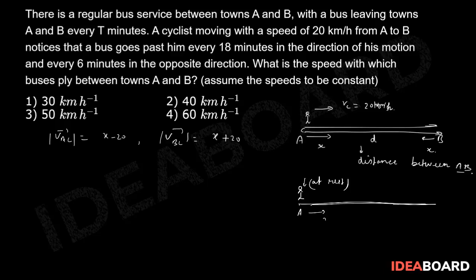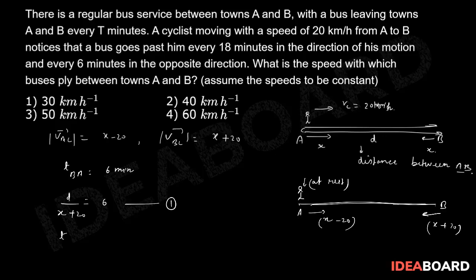So buses from A are moving with x minus 20 velocity, and from this point velocity is x plus 20. So a bus that leaves from B takes 6 minutes. So TBA I can write as 6 minutes. It takes 6 minutes to reach that point, and TBA can be defined as D upon x plus 20. This would be 6, and I can say this is equation number 1.